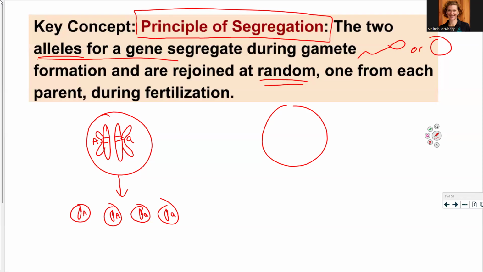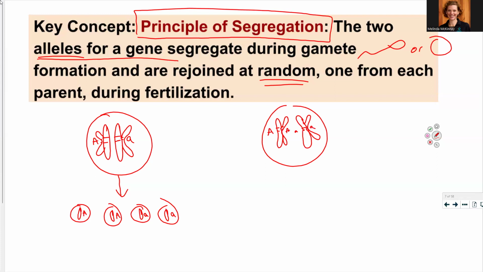So say this is the egg that was formed, and then over here, you have the same thing for the other parent: capital A over here and lowercase a over here.